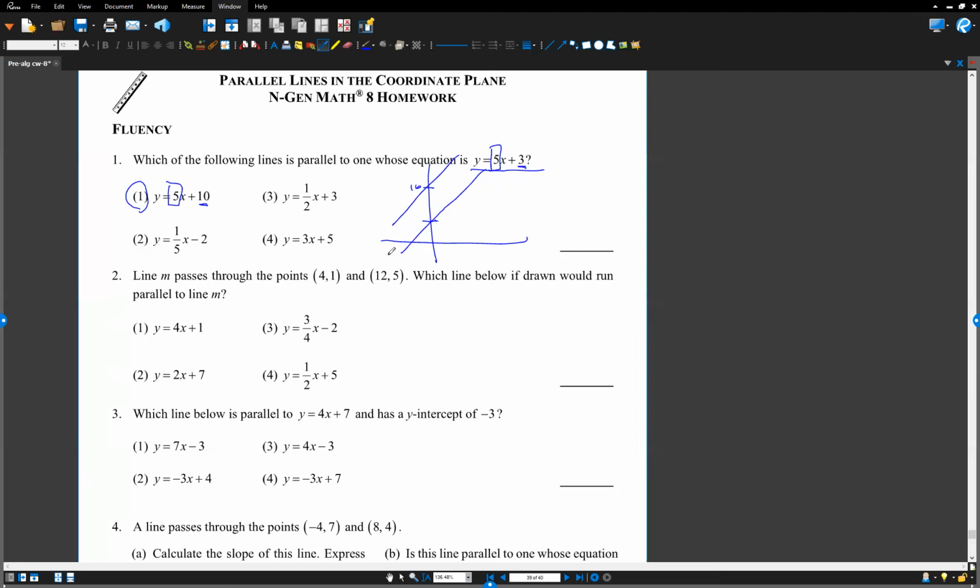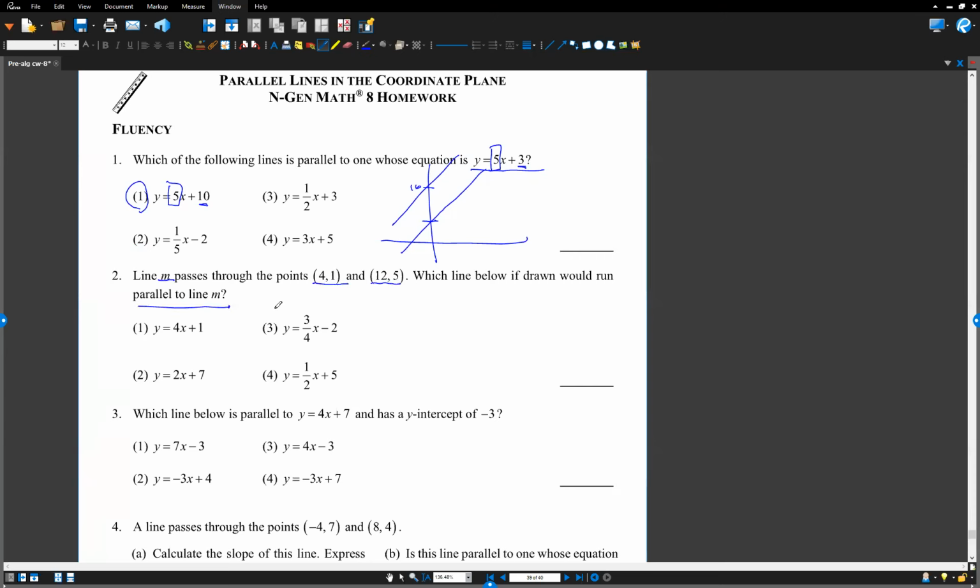Okay, everyone try number 2. Line M passes through the points (4, 1) and (12, 5). Which line below is parallel to this line? Parallel to this line means what?